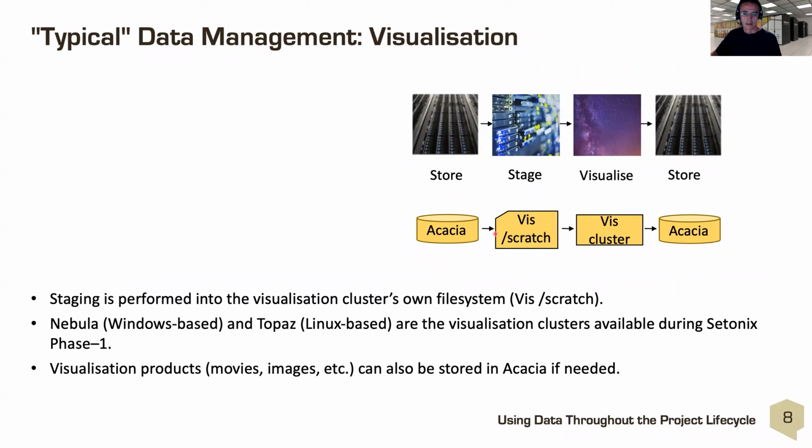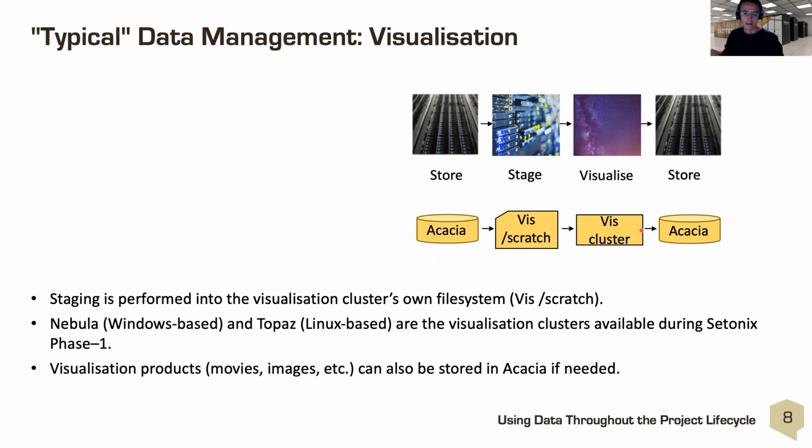So you can stage your results or your data into the Scratch file systems of these clusters, process it, and if needed, just not to complicate the schematics, we are saying your results can be stored back into Acacia, but you can, at this point, transfer it to your own institutional computer via other ways. It doesn't need to be stored in Acacia.